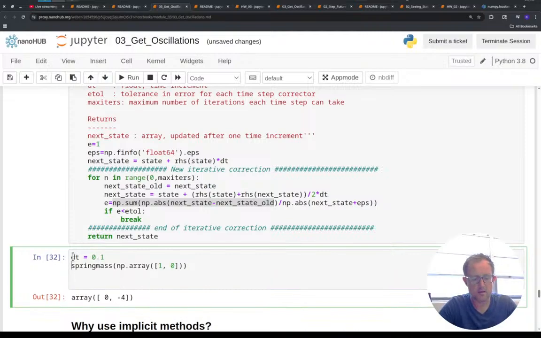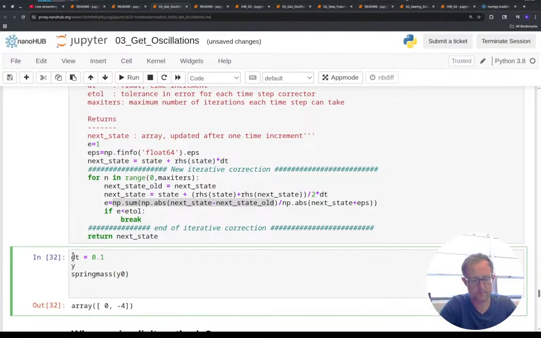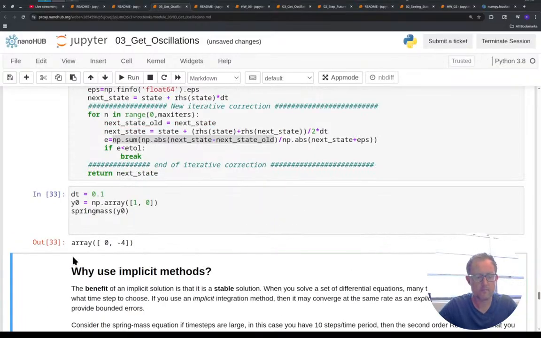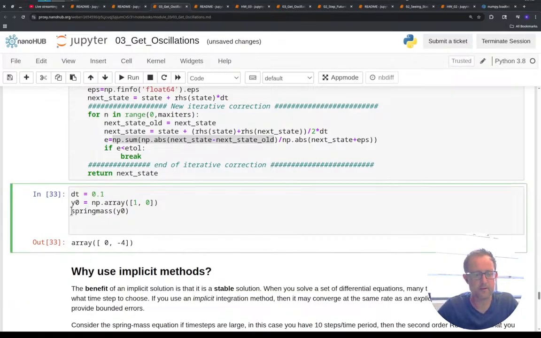I'm going to call this y0. I didn't change anything, I'm just adding some stuff. I could say y0 plus the change in y0, which is that spring mass value, times dt.